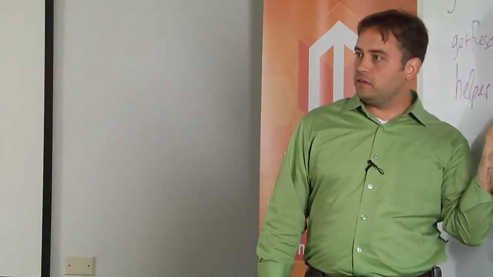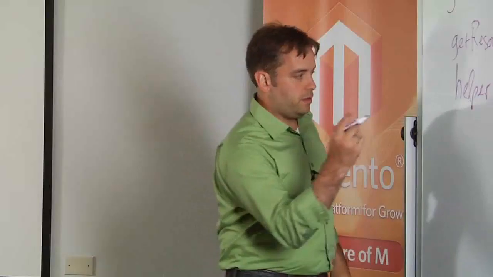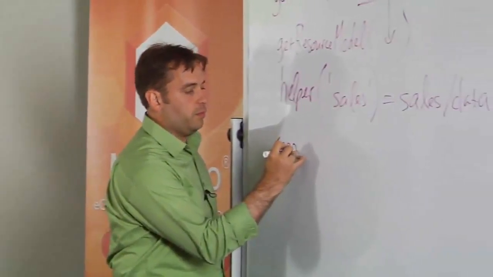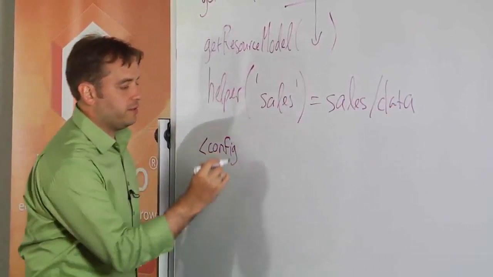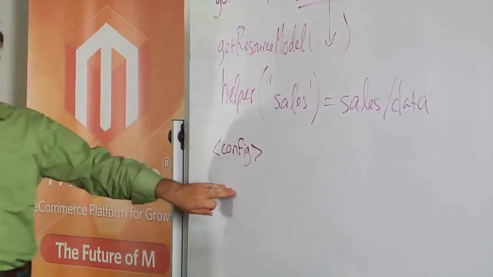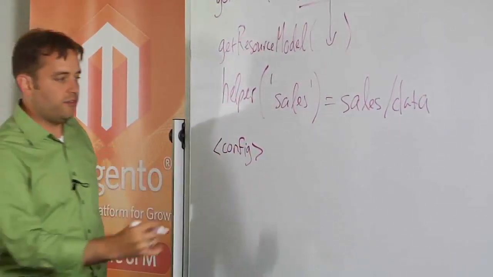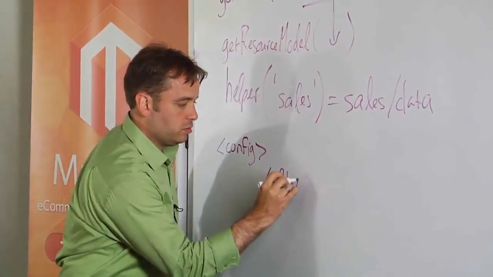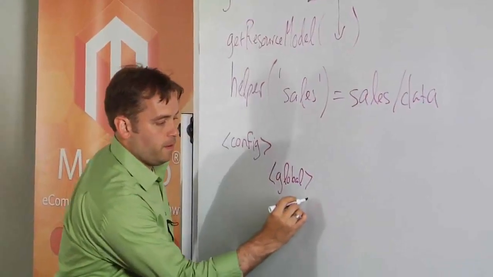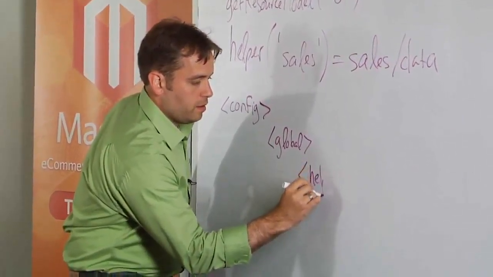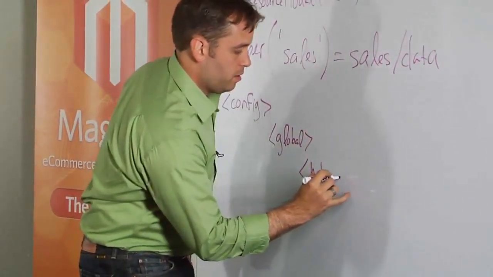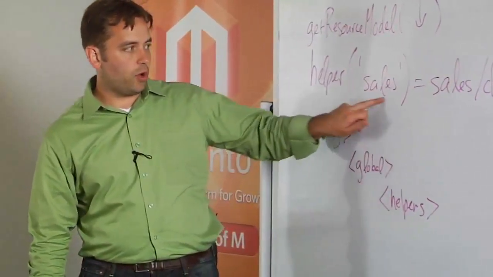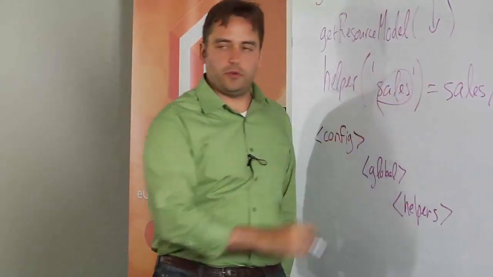This sales here will actually map to a configuration file, or will hopefully, anyway. The config object will look in config global helpers for a node with the value sales.